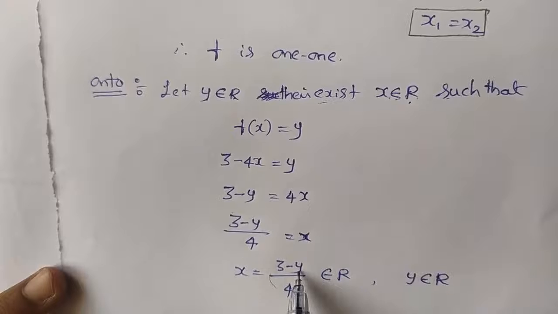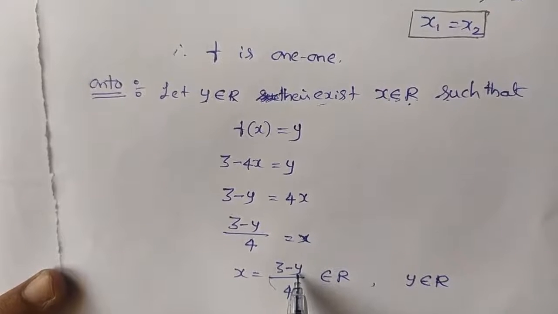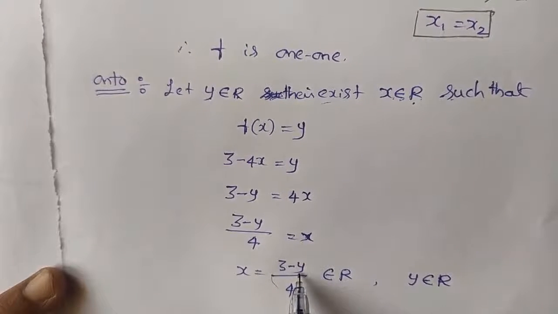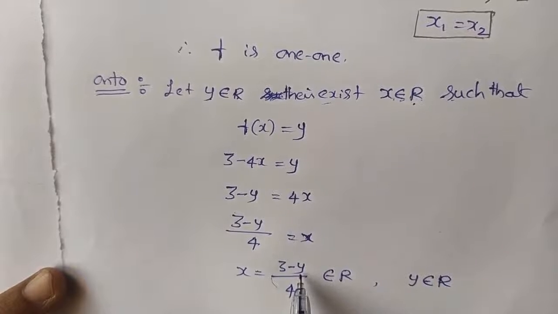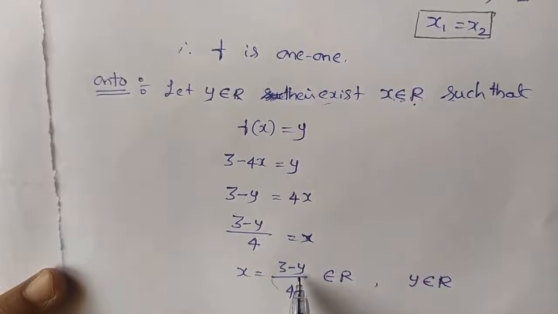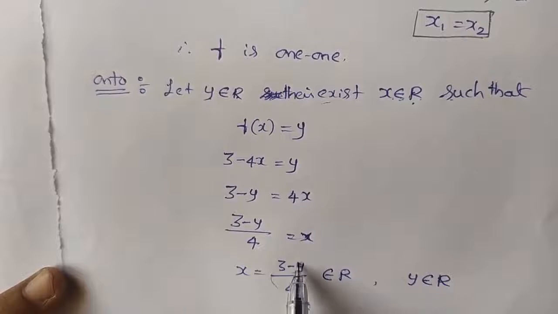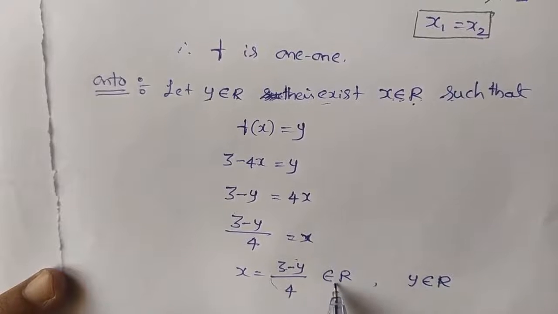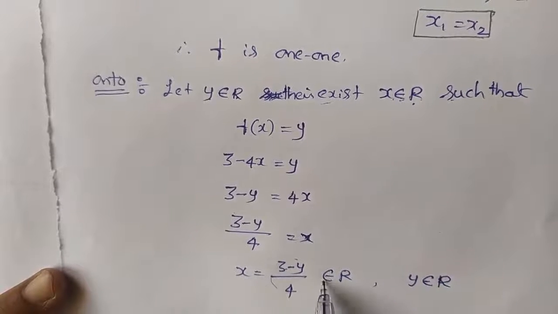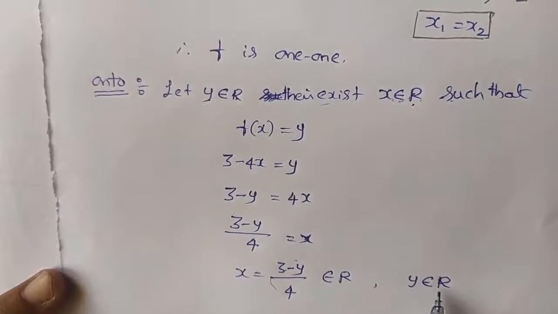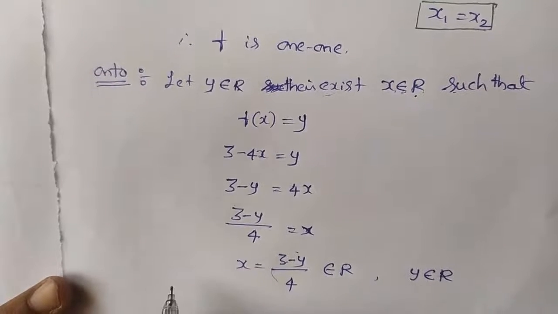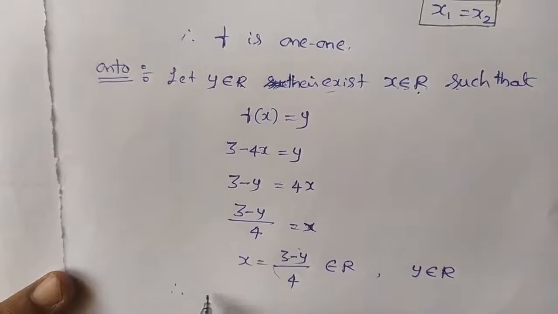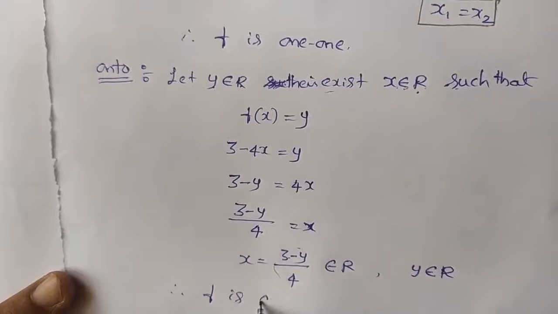You can take any one real number in place of y, and after the simplification it will again be a real number. Therefore x belongs to R where y belongs to R. Hence f of x is onto. Therefore f is onto.